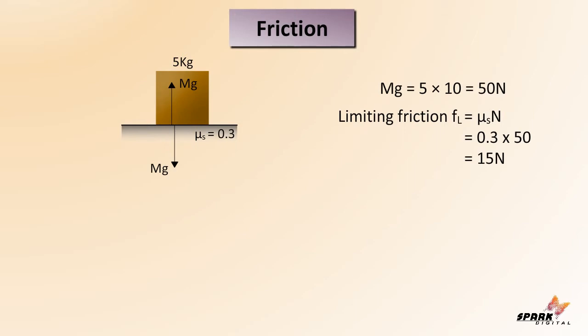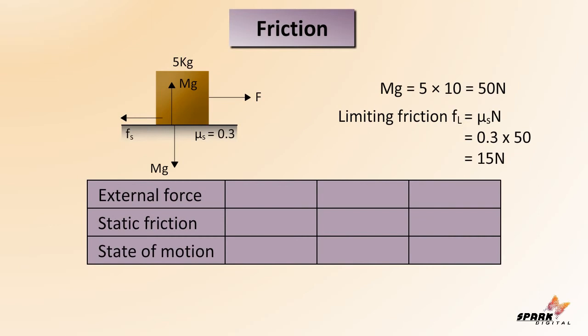If we apply a horizontal force F on the block, then static friction appears. It does not allow the block to move up to a certain limit. If the external force is 5 Newton, which is less than limiting friction, then the value of static friction is also equal to 5 Newton and the body will be at rest.